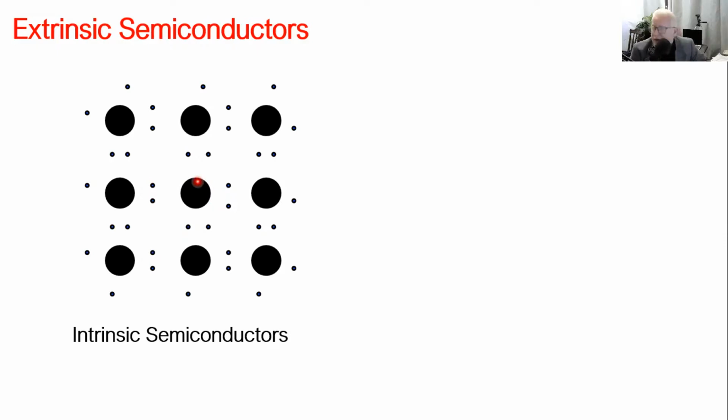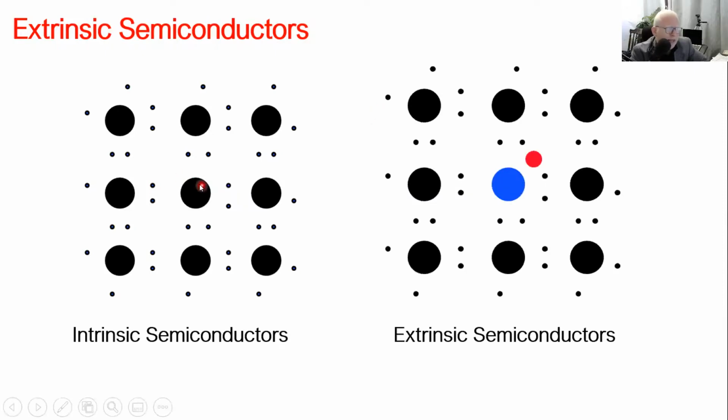What do I mean by a 5th group atom? That means it has 5 electrons in the outermost energy level. So if you kick out this silicon atom and replace it by a foreign material, I mean an impurity material, then this impurity material has 5 electrons.